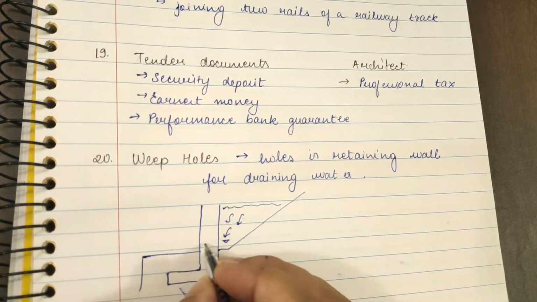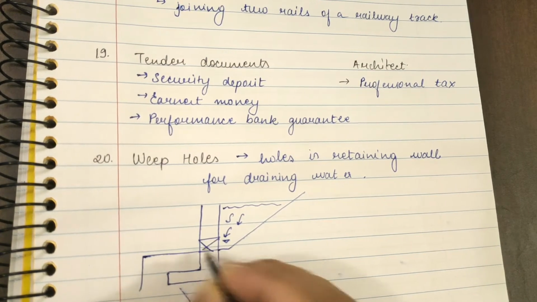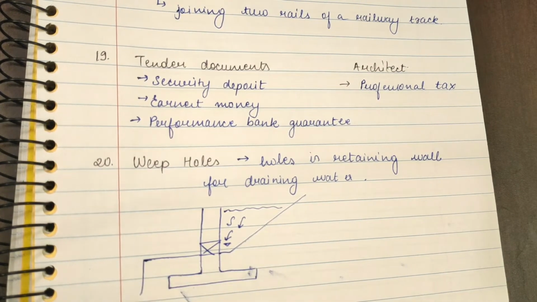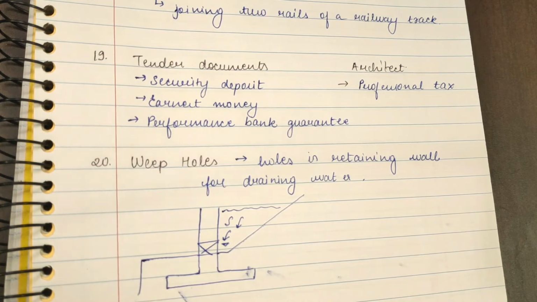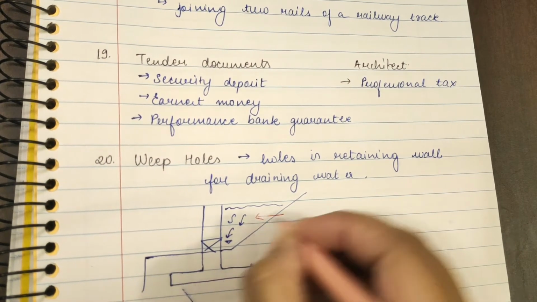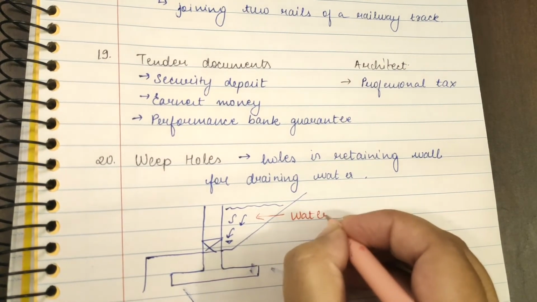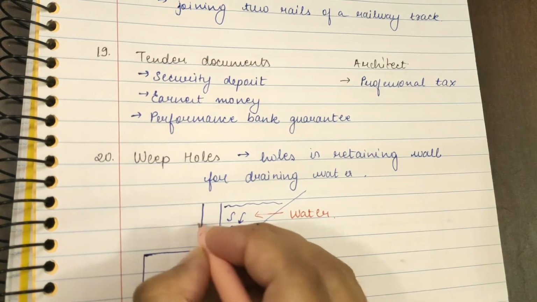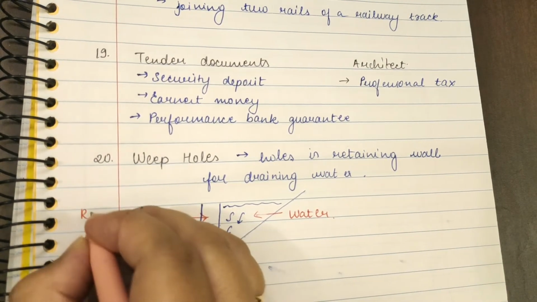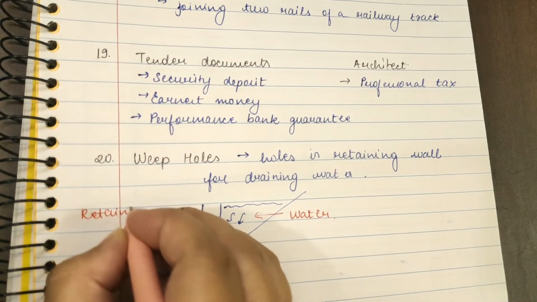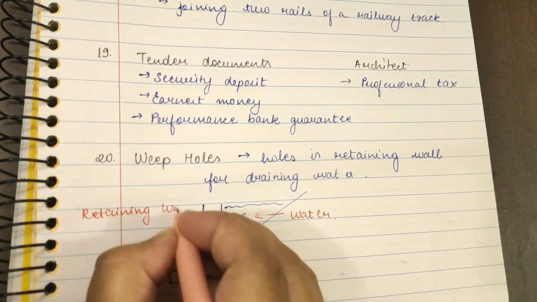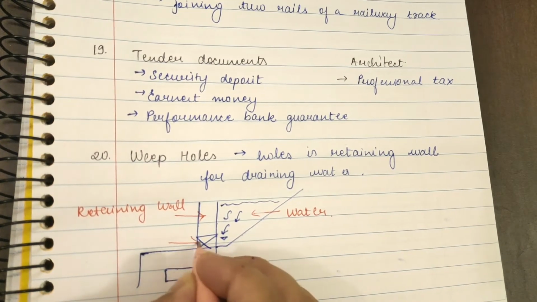So this is the weep hole, I'll just label it. This is your water. This is your retaining wall. And these are your weep holes.